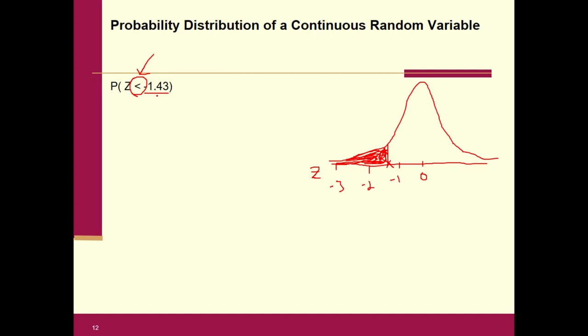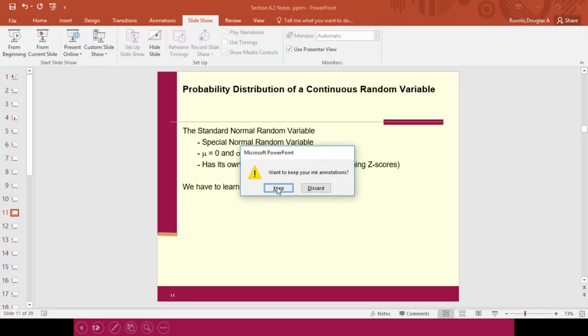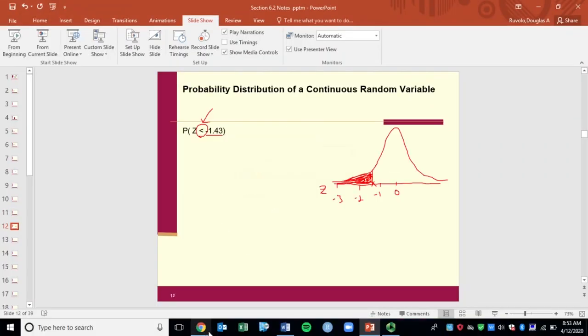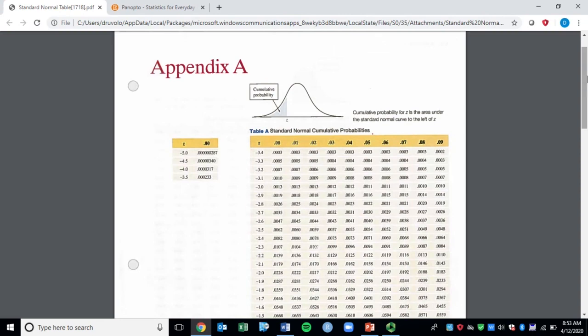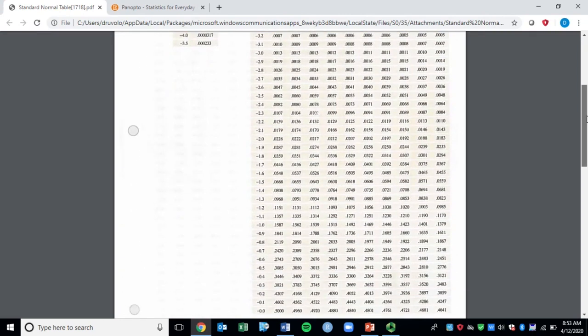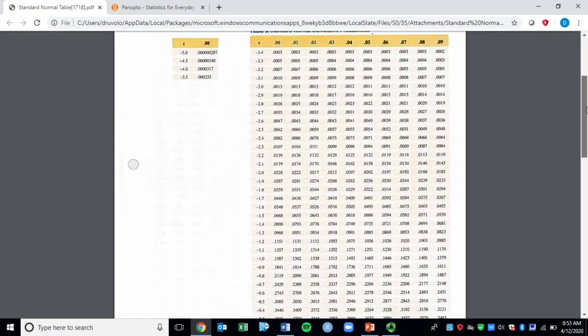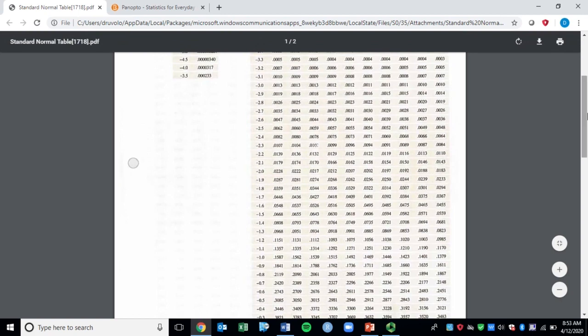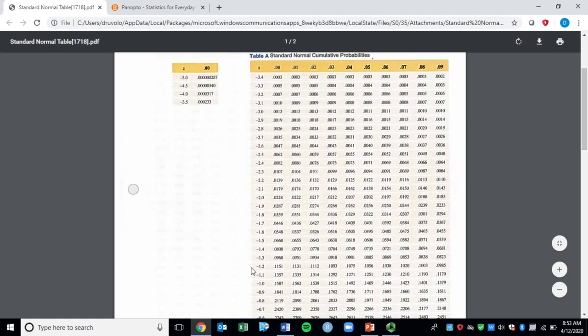Okay, so we should be able to go back to the problem here, back to the table, and look up a negative 1.43. Again, I got to get out of the presentation and go back to our table. So negative 1.43. Oh, there we go.